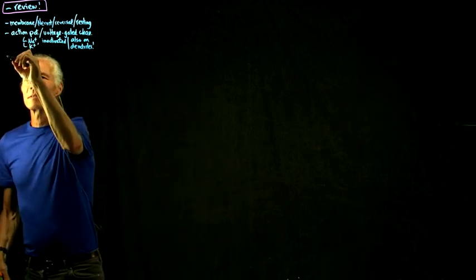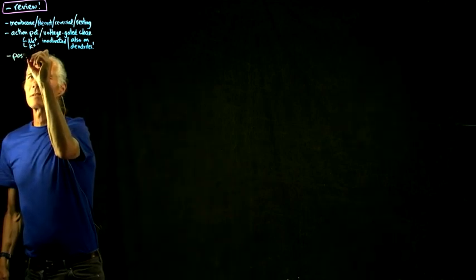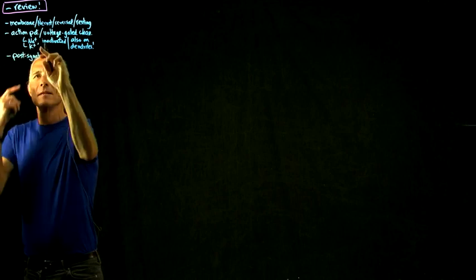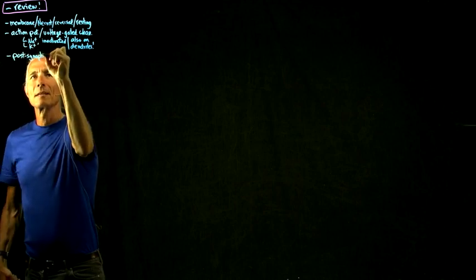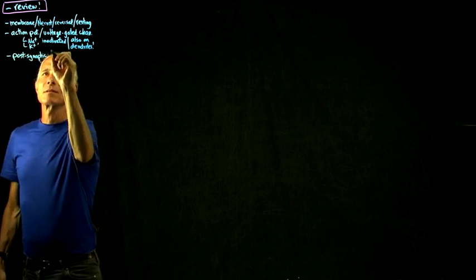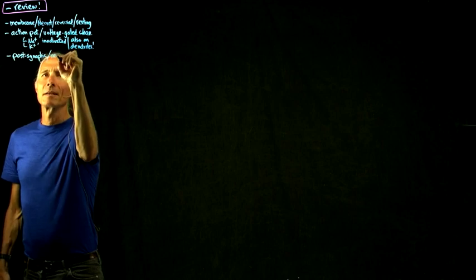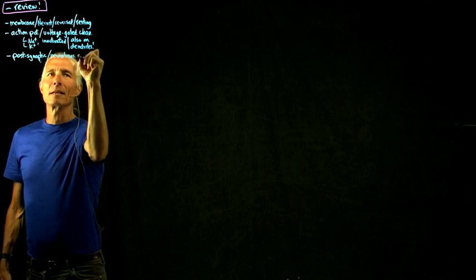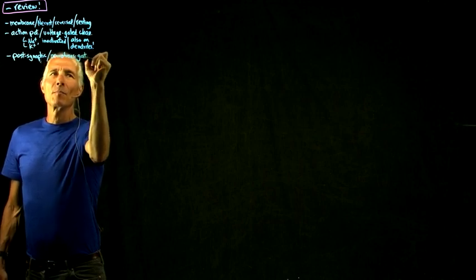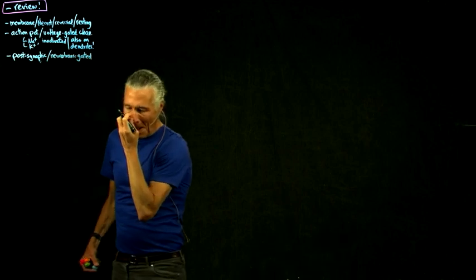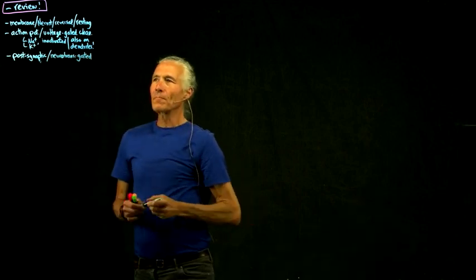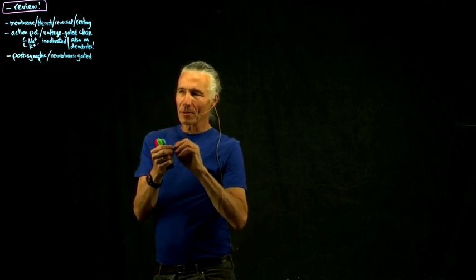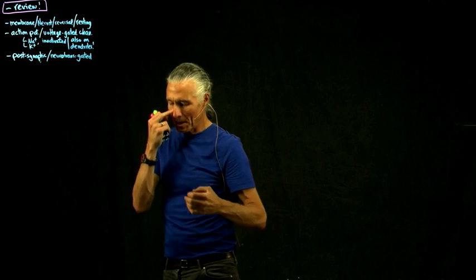Then we talked about postsynaptic potentials, and those guys were neurotransmitter gated. So those guys open up when you have a neurotransmitter release. Neurotransmitter sticks in a little pocket. That's what opens the channel.